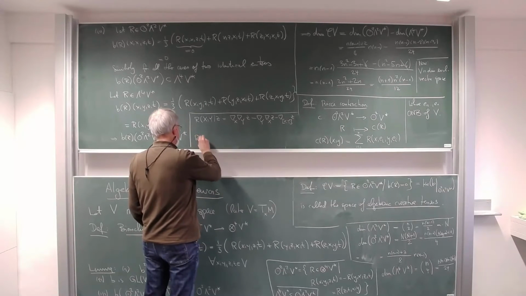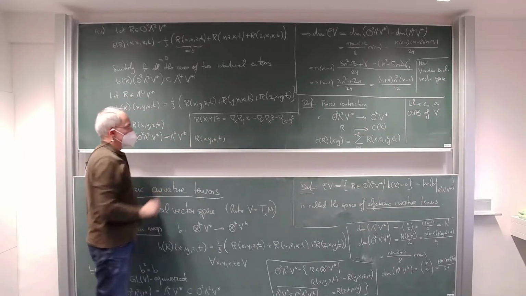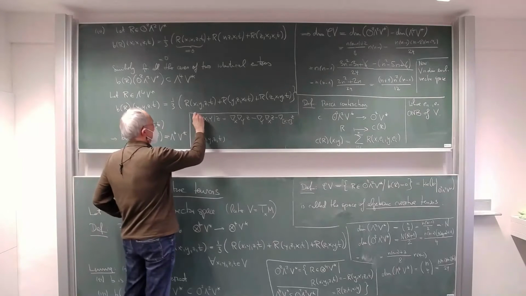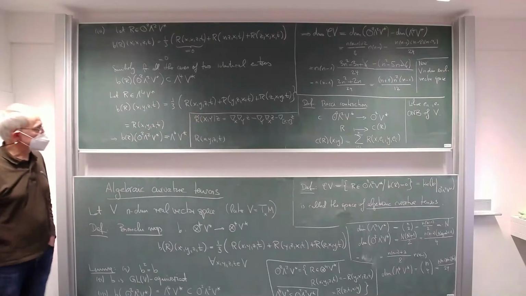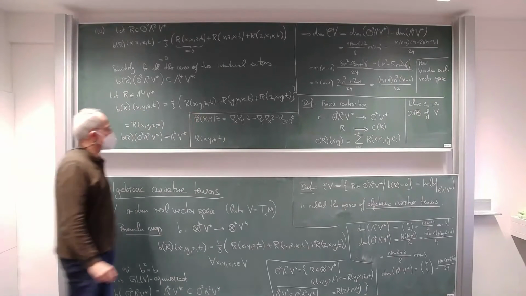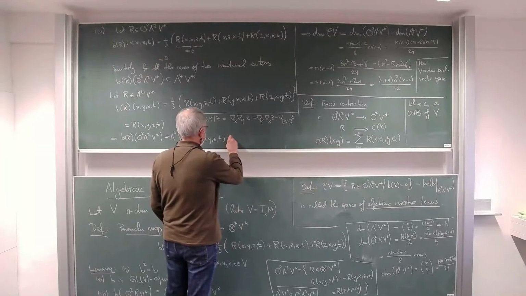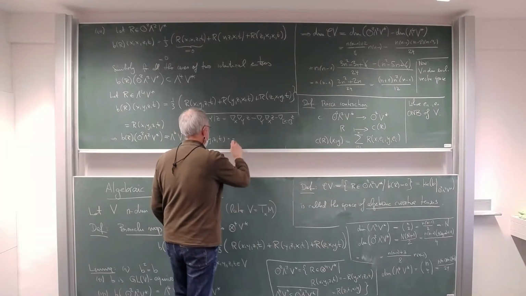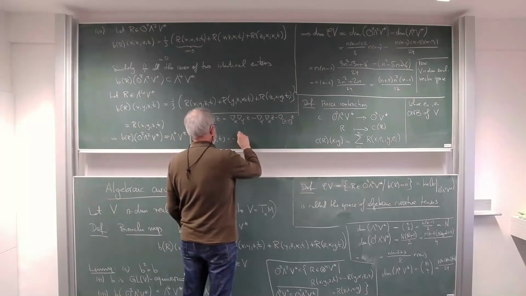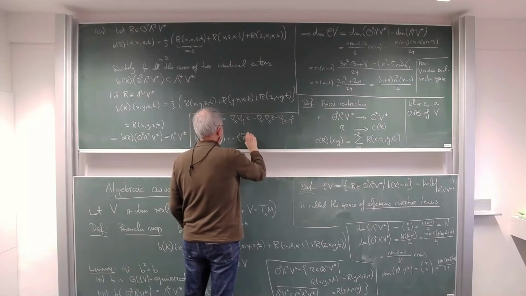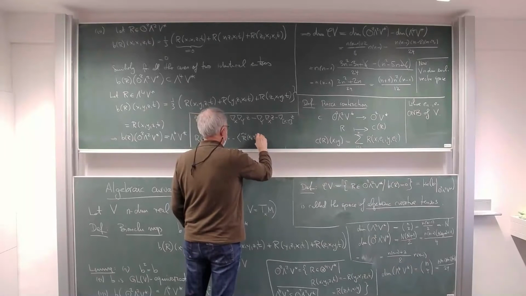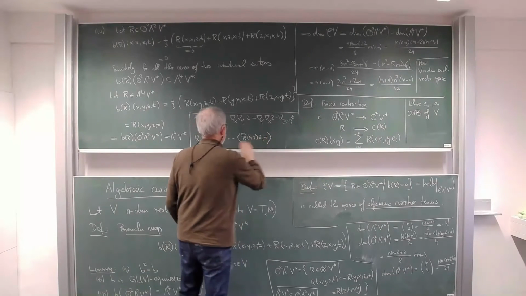So now I want to write it like so. That's really a different R, so maybe I distinguish by writing R twiddle for the usual curvature tensor as a 1,3 tensor. Then you could write this as the scalar product of that curvature tensor with T, and a minus sign here.